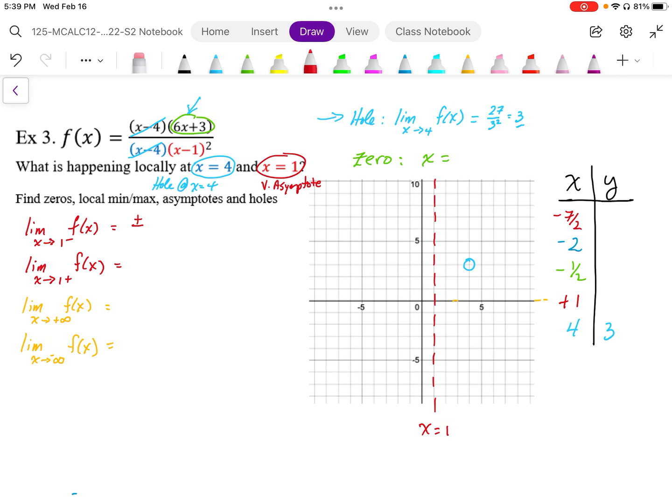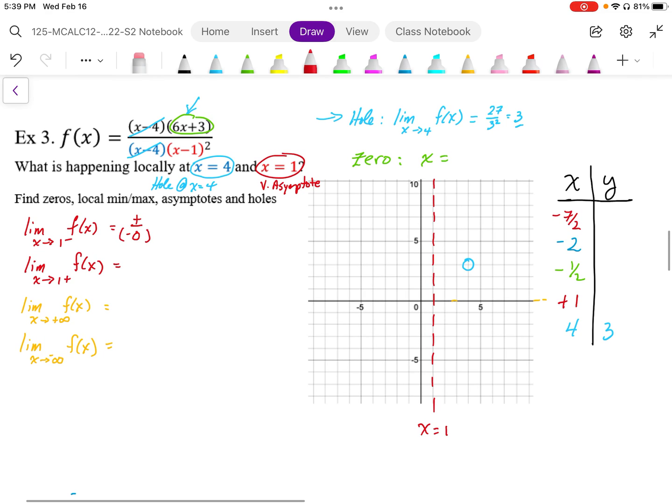That gives me a negative value inside the bracket, so I'm approaching 0 from the negative side. However, that is squared, and that's going to make the value positive. So I'm dividing by 0 to get infinity, but it's positive infinity. That means I'm approaching my asymptote from the left, going to positive infinity.